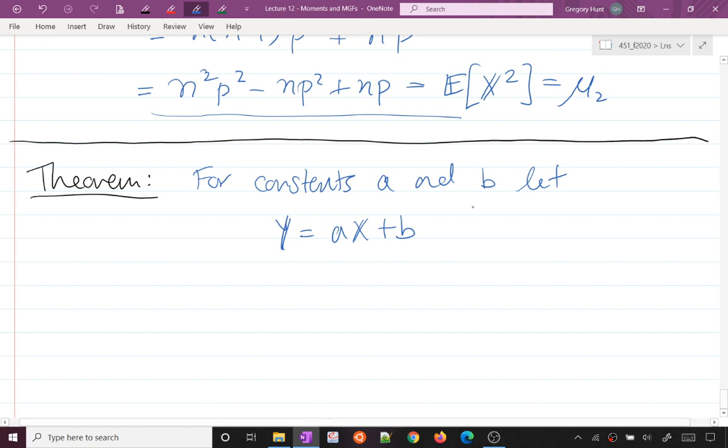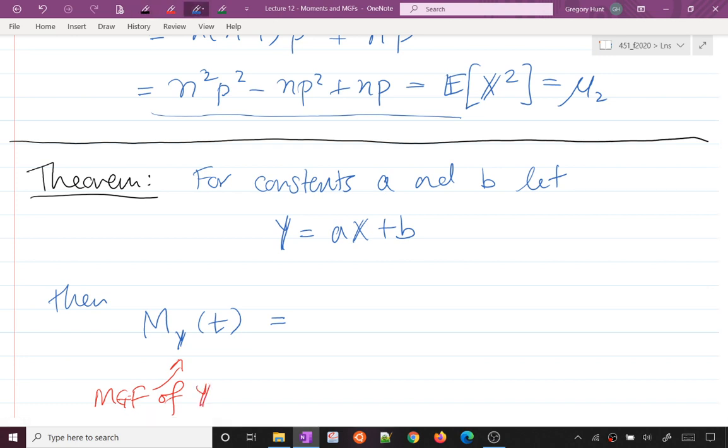And indeed there is. So if we have constants a and b, y is ax plus b, then if I look at the MGF of y, m sub y of t, we can derive it in terms of the MGF of x. That is going to be equal to e to the bt times the MGF of x, m sub x of at.